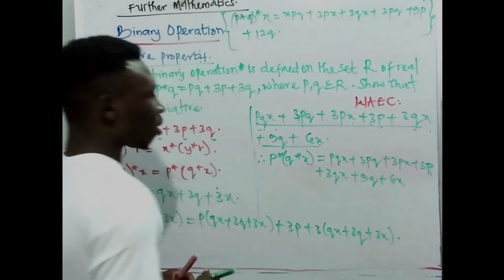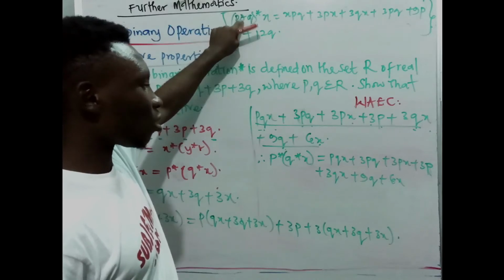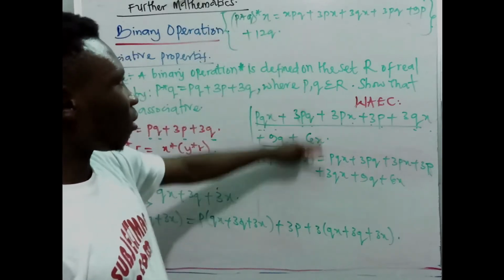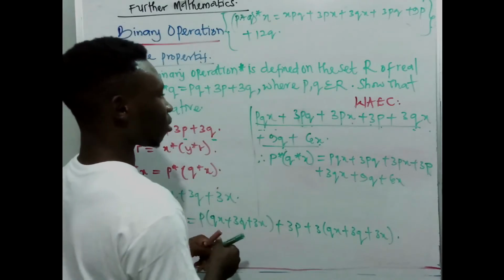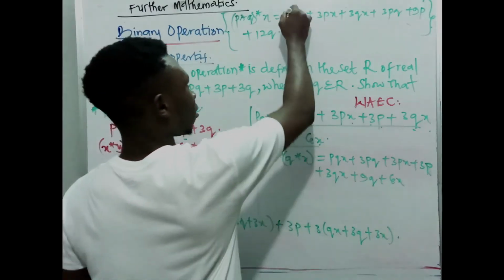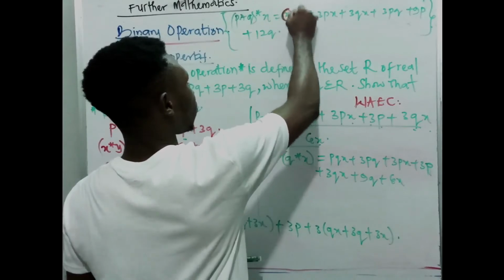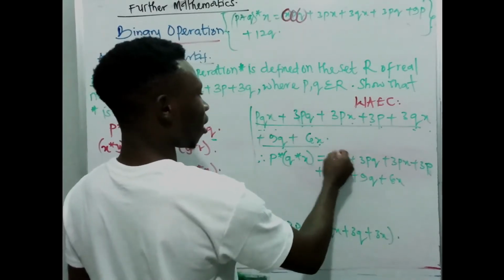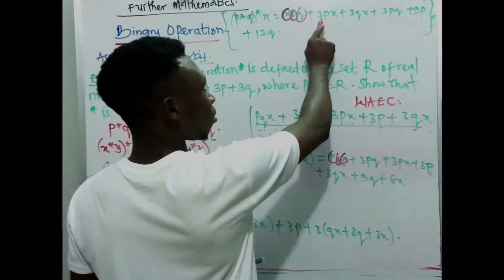Now, if you pay close attention, the associativity is not the same. This associativity is not the same. Now look at what this is giving us. This is having S, this is having SPQ, correct? Now this is having PX.